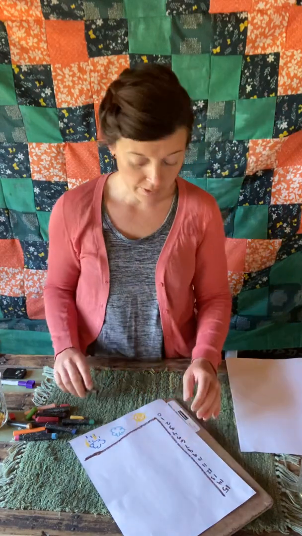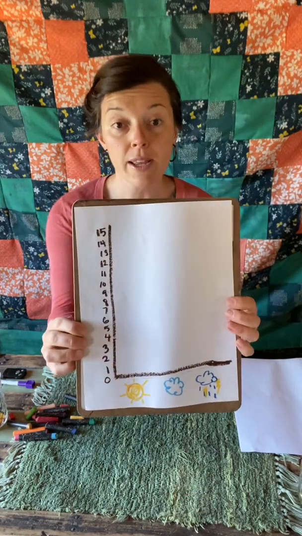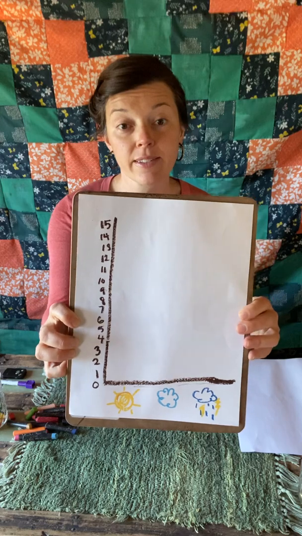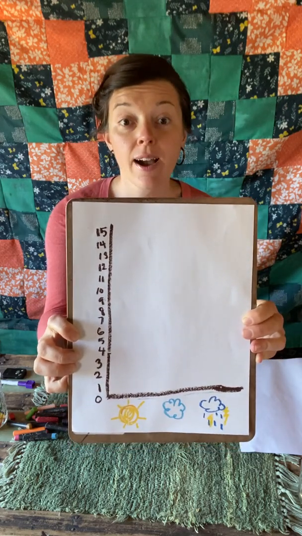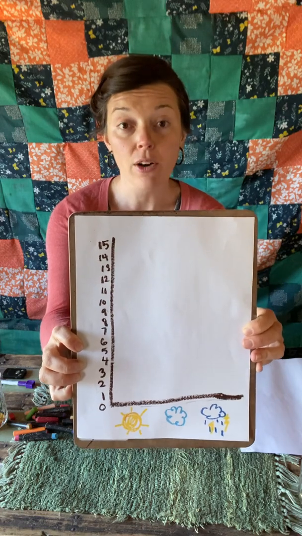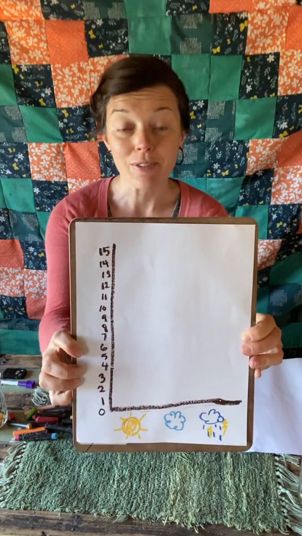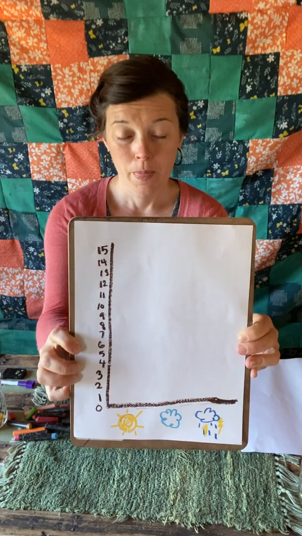Okay, 0, 1, 2, 3, 4, 5, 6, 7, 8, 9, 10, 11, 12, 13, 14, 15. All right? Okay.